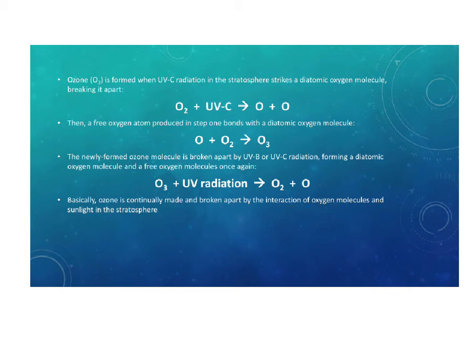So ozone, and the chemical formula for that is O3, is formed when UVC radiation in the stratosphere strikes a diatomic oxygen molecule. So oxygen floats around in the atmosphere in this diatomic form, and when it is struck by UVC radiation, the UVC radiation breaks it apart into two monoatomic oxygen atoms. So now we have these two monoatomic ones floating around.